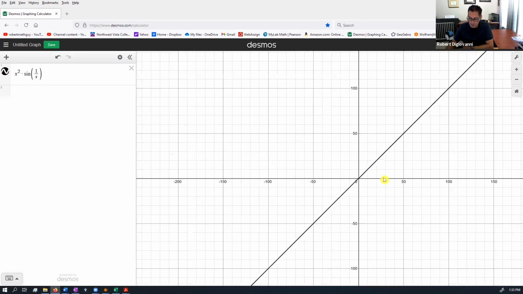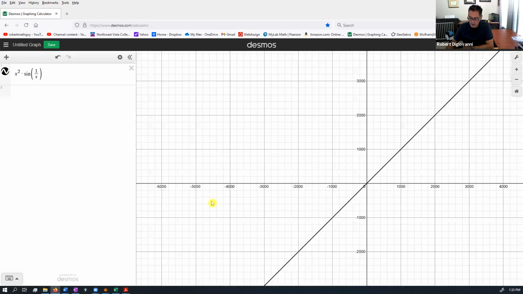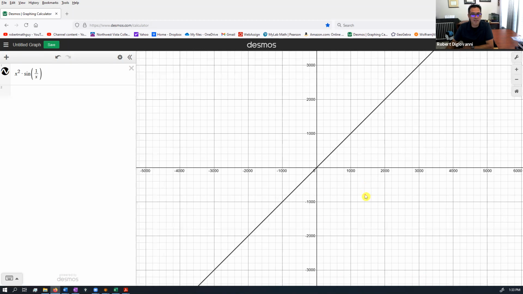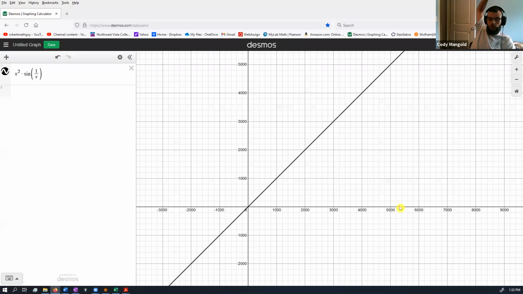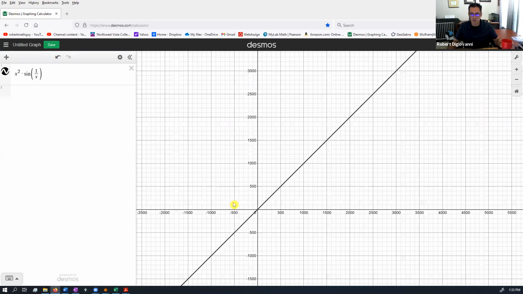It almost looks like a line at some point, doesn't it? You go far enough out and you can't even see the oscillations. So do y'all see that as we go to the right, this thing grows, right? It goes to infinity. We were able to discover that by doing our L'Hopital's rule.